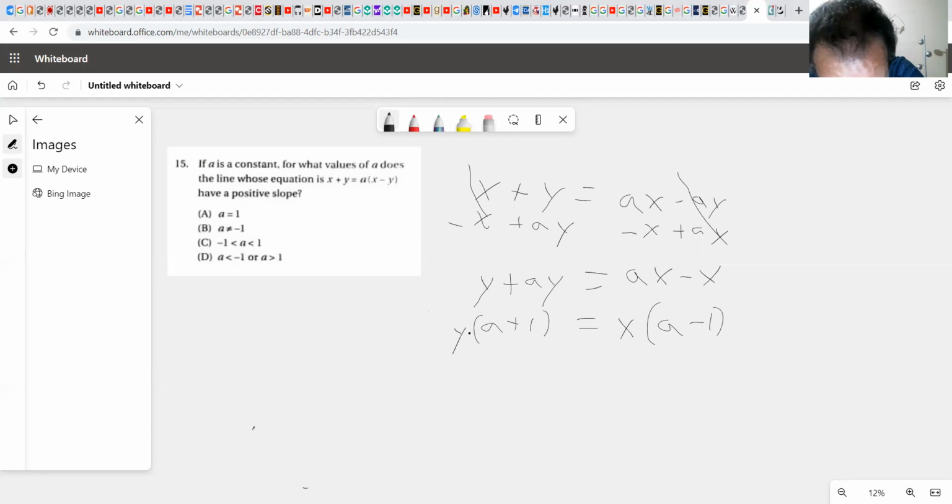So I'm trying to get into that format, y equals mx plus b. I want to get that y isolated on the left side. So I have this a plus 1 part here, and I'll divide that expression on both sides.